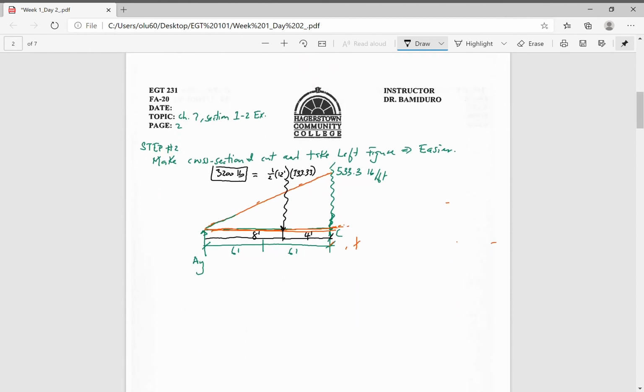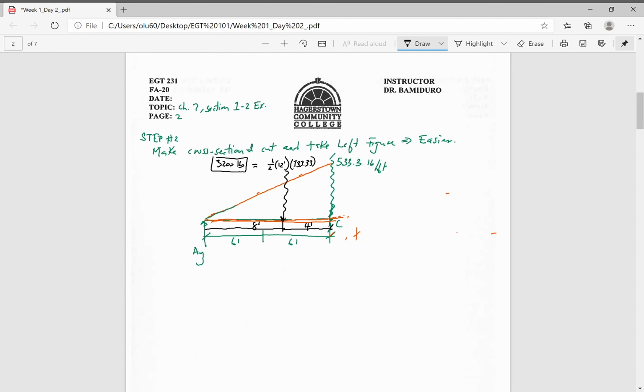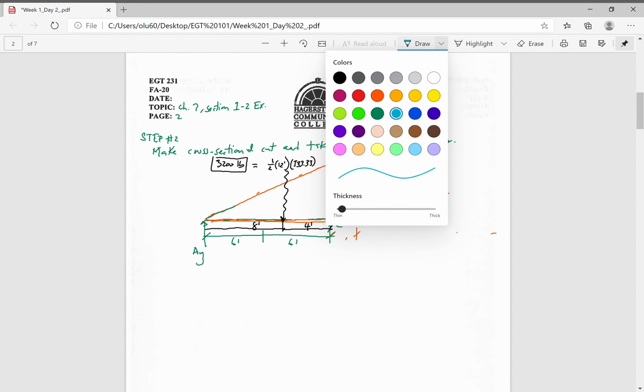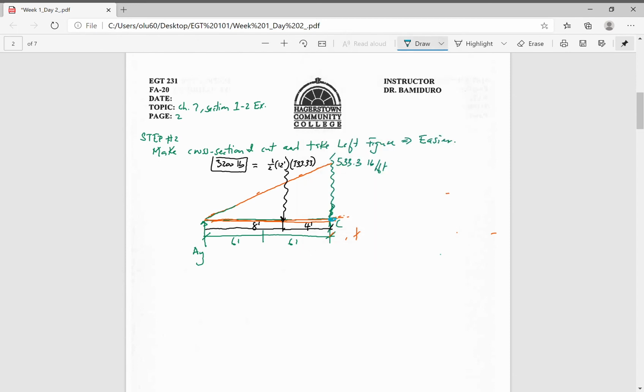Once we've done that, don't forget that at this point C, we're going to have our normal force at C, our shear force at C, and a moment at C. Again, this is our point C. Now for these directions, you go back over what I showed you: you make a cross-sectional cut, and then look at internally what's going on.